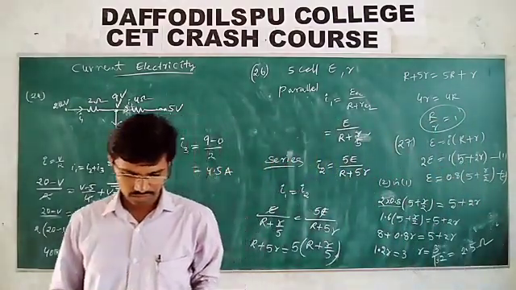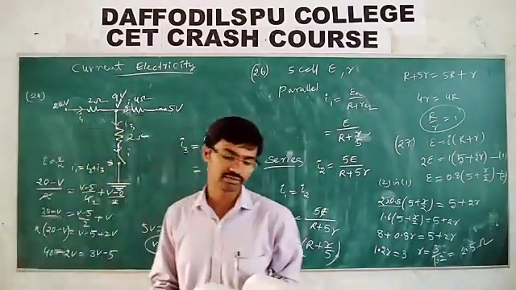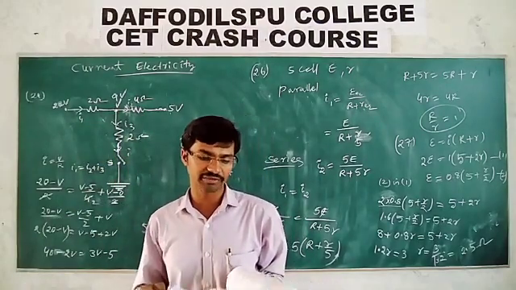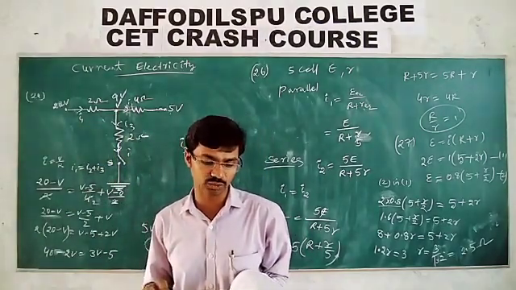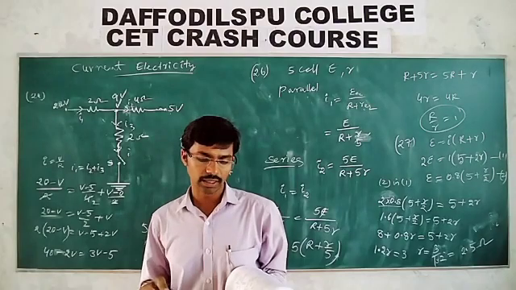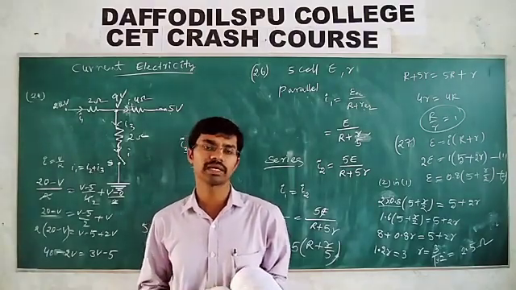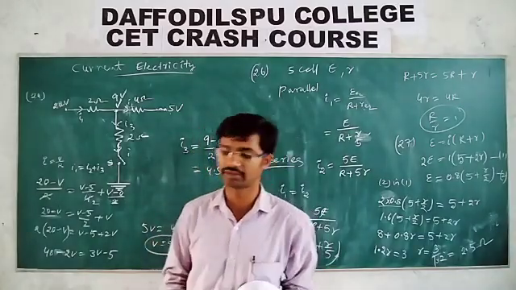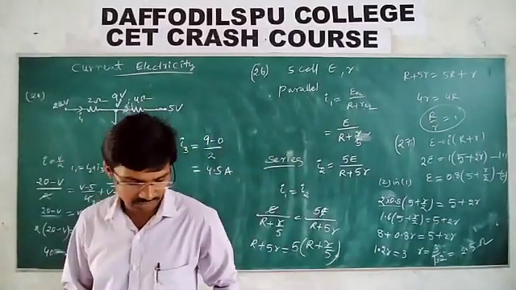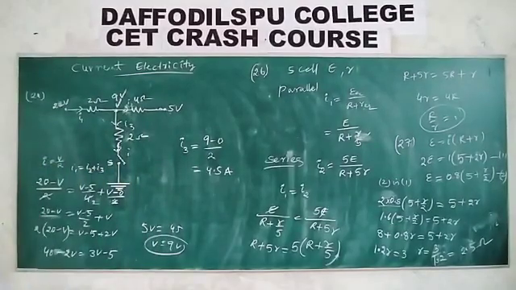This is the third option. Now 28: when n identical cells, each of EMF E and resistance r, are joined in series to form a closed circuit, the potential difference across any cell is what? 0, because they are identical cells, and even in a closed circuit the potential difference is 0.